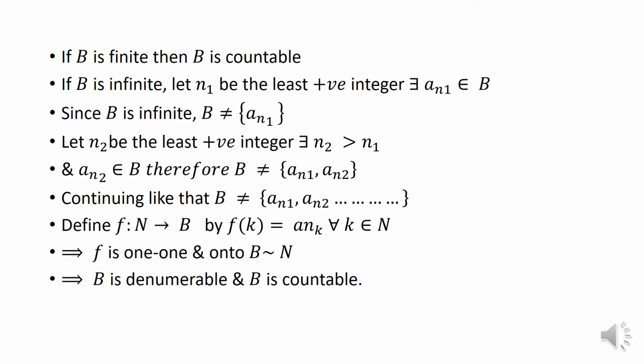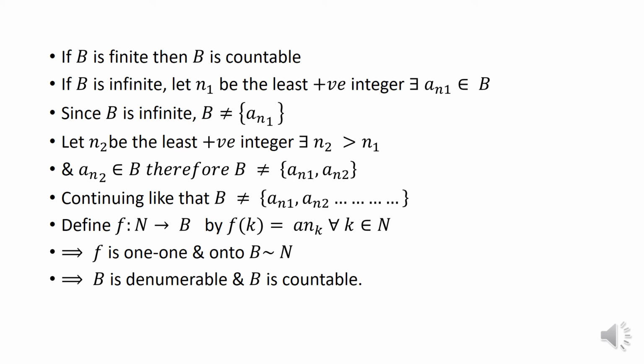And let n2 be the least positive integer such that n2 is greater than n1 and a_n2 belongs to the set B. Therefore, B is not equal to the set {a_n1, a_n2}. Continuing like this, B is not equal to {a_n1, a_n2, ...}.